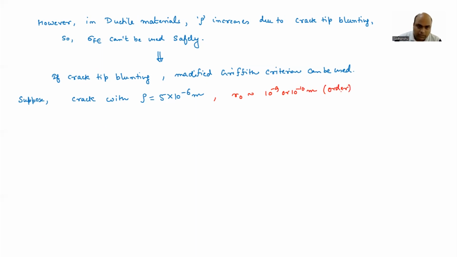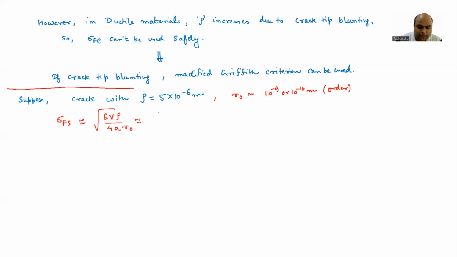Right? Now let's calculate both sigma Fs and sigma Fe. So sigma Fs will be given as root over E gamma rho by 4A R0.